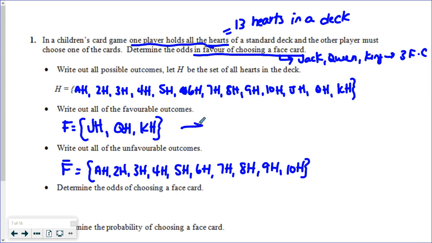So again, there were 3 favorable outcomes. And there are, if you count them up, 10 unfavorable outcomes.